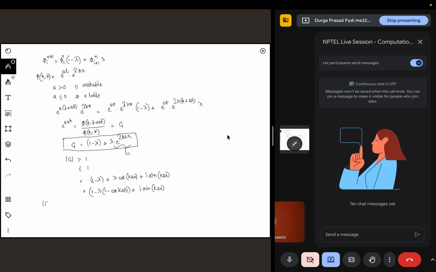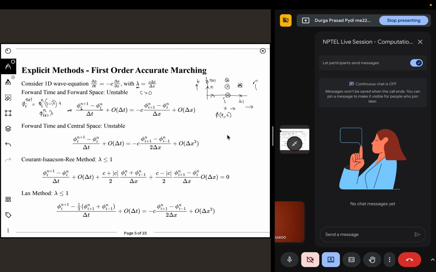And then if you calculate mod g, we make this less than or equal to 1 and then find the value of lambda for that. So this is how we do the stability analysis. We will find the values of lambda for each of these next week. But I hope the idea is clear.